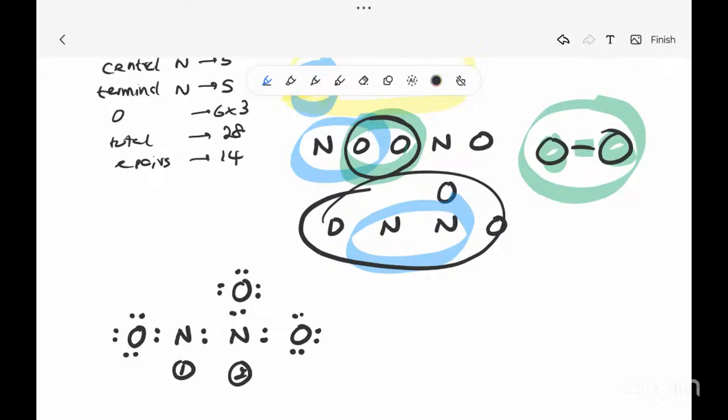So we have to place the remaining one on the first nitrogen, because we have placed only 2 there, right? So I will place it here. Now we have placed 14, right? 1, 2, 3, 4, 5, 6, 7, 8, 9, 10, 11, 12, 13, 14. Now altogether 14 is there.